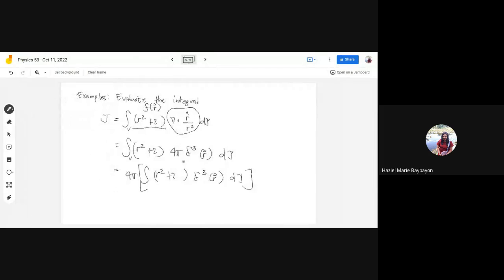Our a is equal to 0. Therefore, you have 4 pi multiplied by f of 0, where f of 0 is equal to 0 squared plus 2. So this is just equal to 8 pi. Okay? So that is how easy it is.